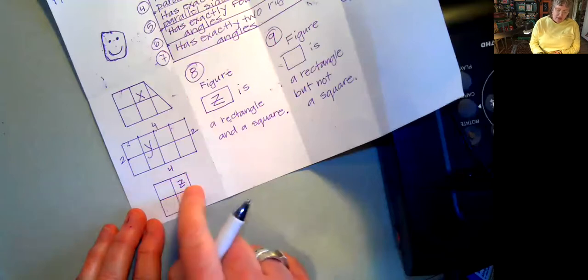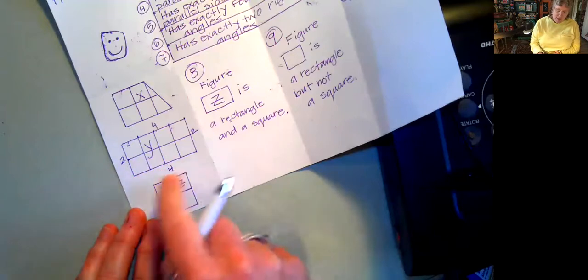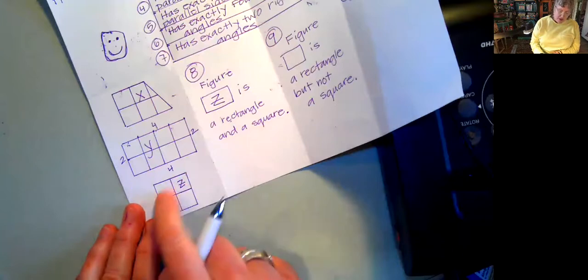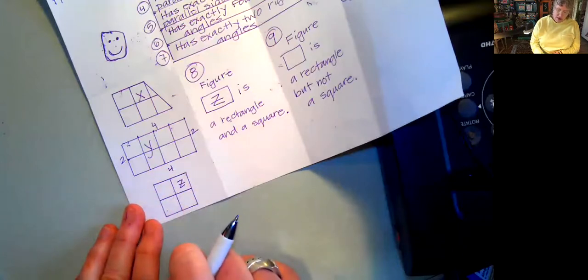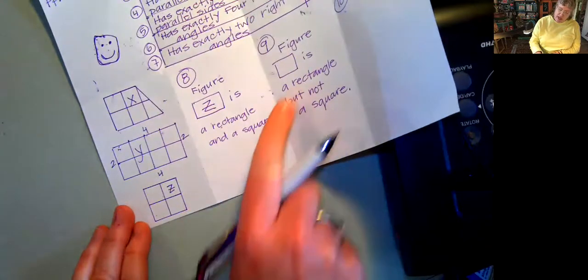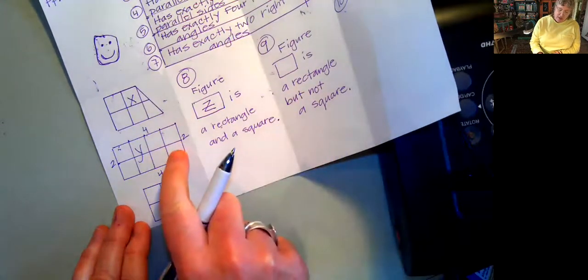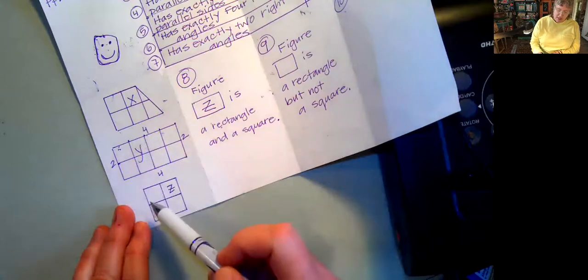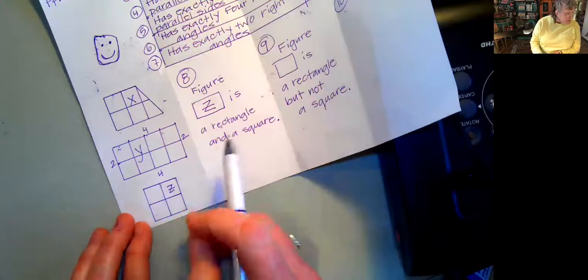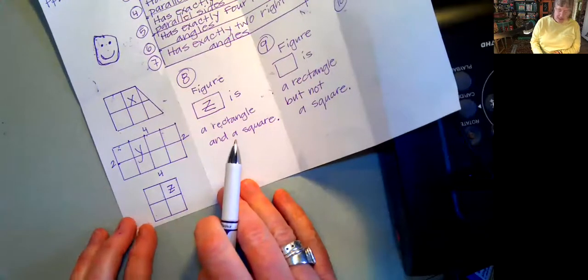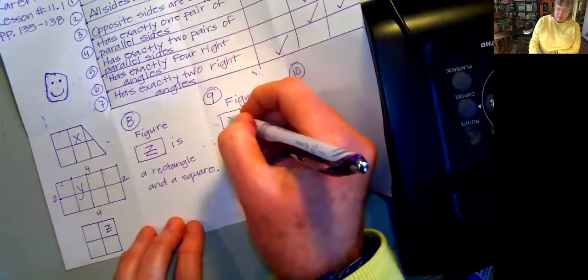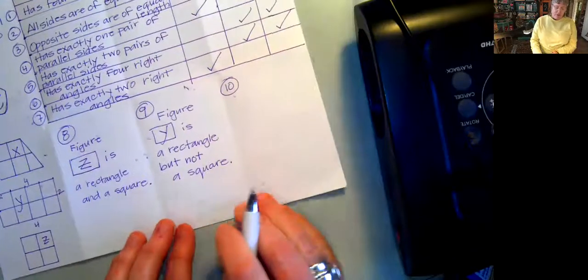It just looks a little different because all four sides have parallel partners, and there are two pairs of parallel sides. So which figure is a rectangle but not a square? We could say that Y is a rectangle, but it's not a square because it doesn't have equal length. The sides don't have equal length, right? So figure Y is a rectangle but not a square.